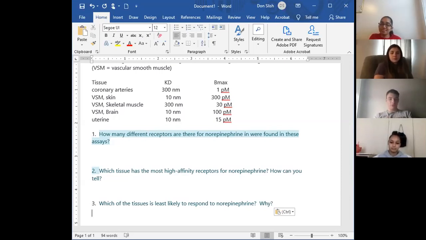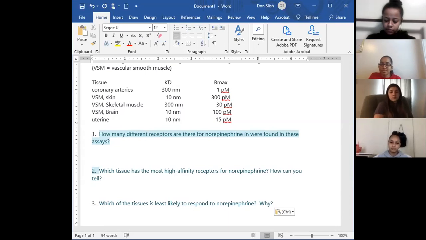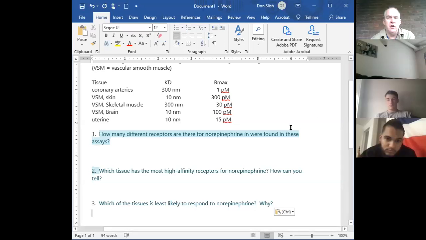It's the coronary arteries, isn't it? They got a high KD and a low Bmax. That's right. It's got a high KD, meaning it needs a higher concentration to respond, and a low Bmax, meaning there aren't many receptors there, which is good because, you don't know this yet, but we'll talk about how norepinephrine contracts arteries, and you never want to contract arteries to the heart. That's what we call a heart attack.